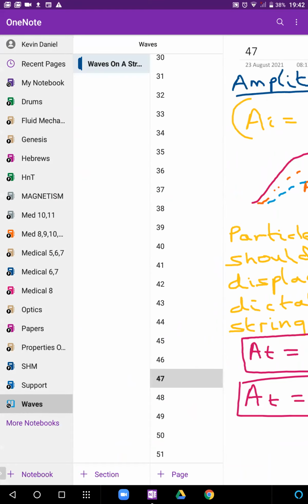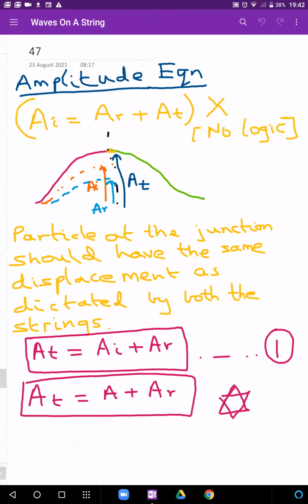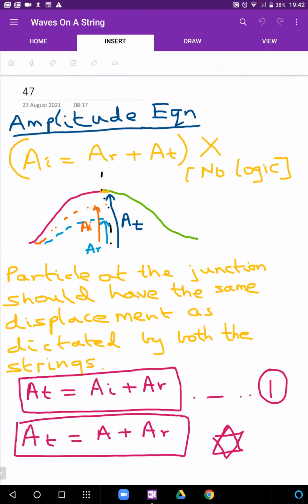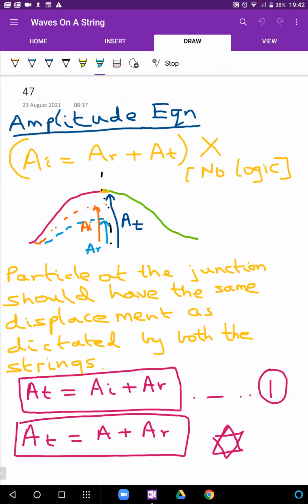Because even when I was a student, without thinking, my first guess was A is AT plus AR. My first guess was A. Here on this page I have written A incident.